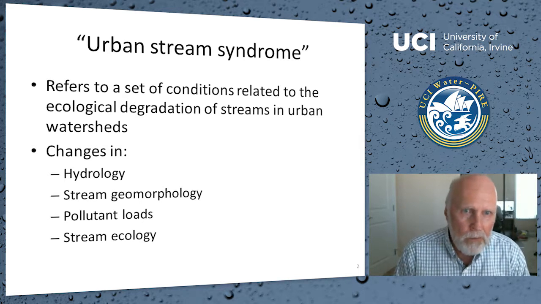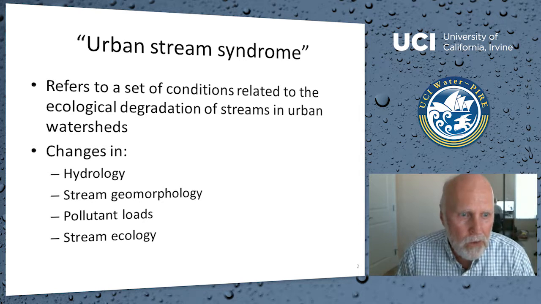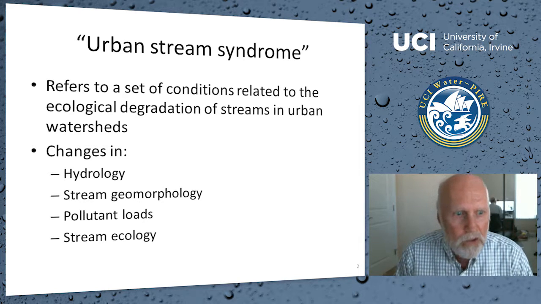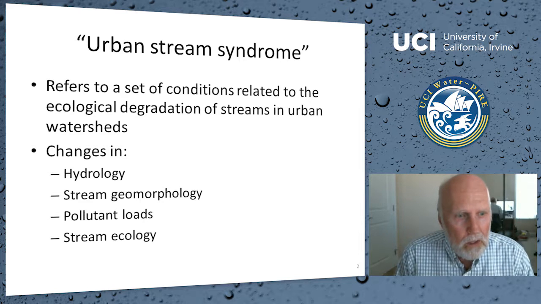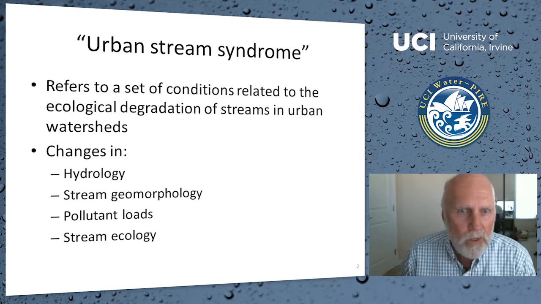It's called a syndrome because there are many different attributes to it. We're talking about changes in hydrology, stream geomorphology, pollutant loads, and stream ecology. I'll do a brief overview of these different types of changes and talk about some of the studies that have been done. And then I'll finish with a little bit about some of the solutions to this problem.